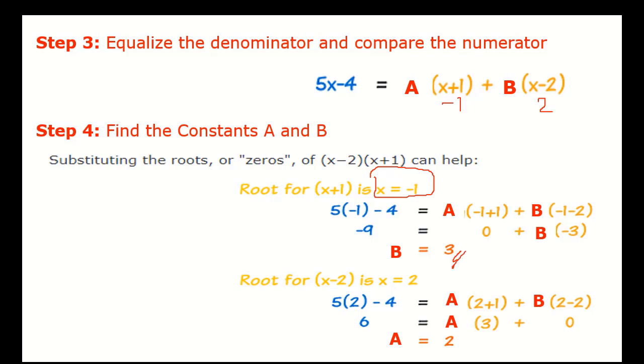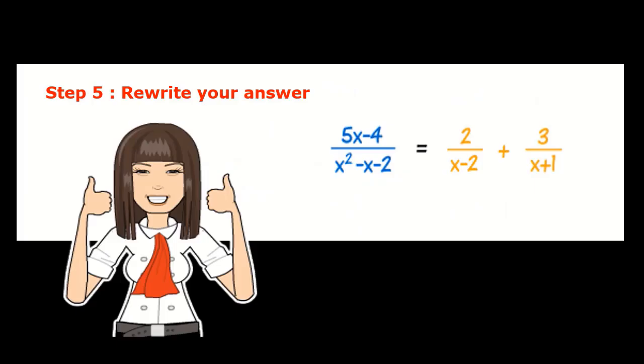Therefore, B is 3. Then I substitute another value, x = 2, into both sides. I get 6 equal to A times 3 plus 0, so A is 2. After that, I rewrite the answers in partial form. This is the value of A and this is the value of B, and we just substitute them into the partial form.